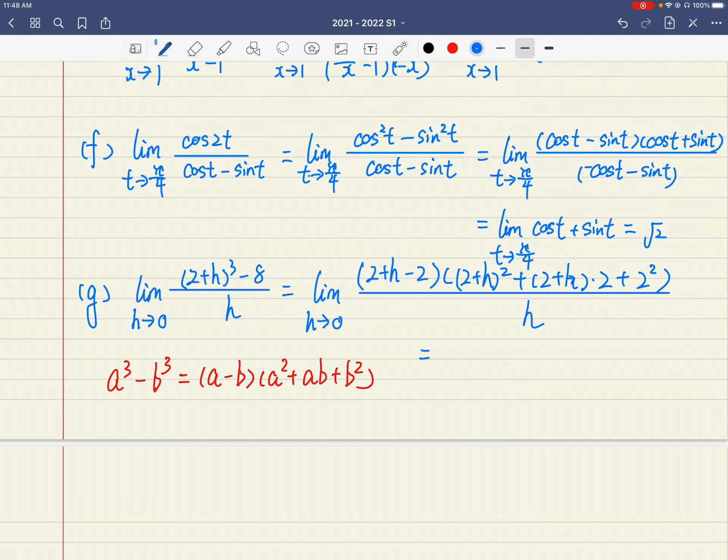Then this part, 2 plus h minus 2, it's h. H and h cancel out. So the result is this part, 2 plus h squared, plus 2 times 2 plus h, plus 2 squared. Then you just sub 0 in, you'll get the answer. So 4, 4, 4, the result is 12.